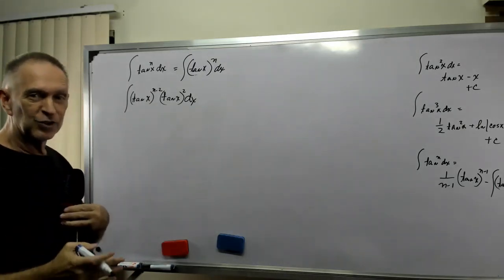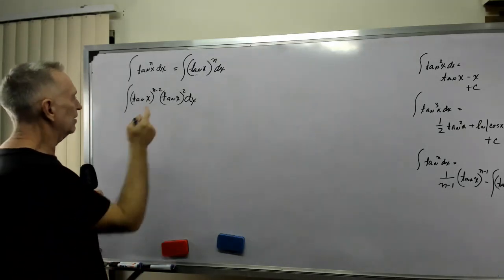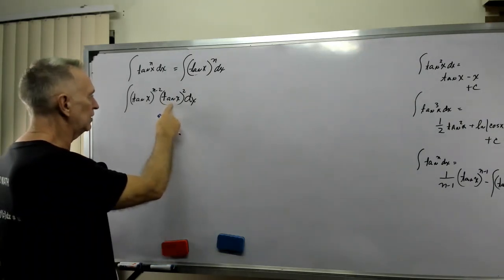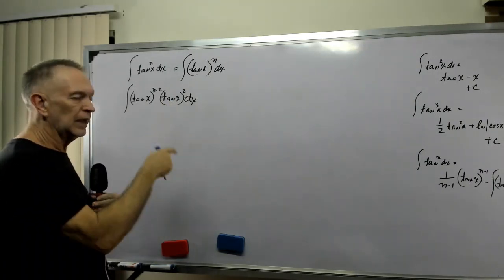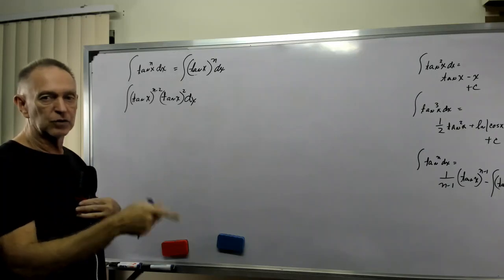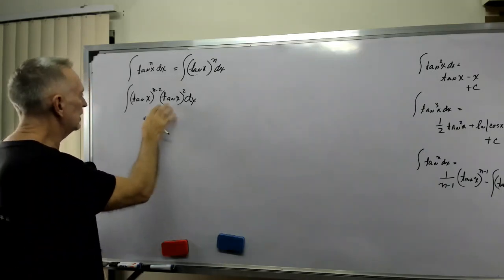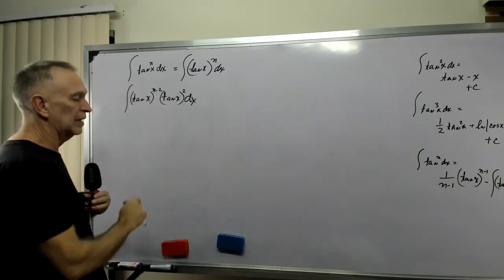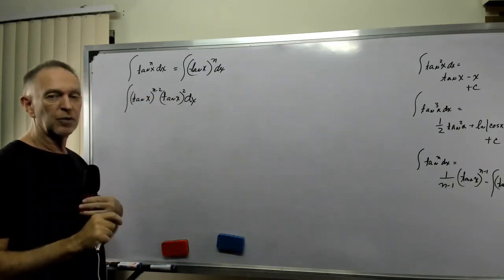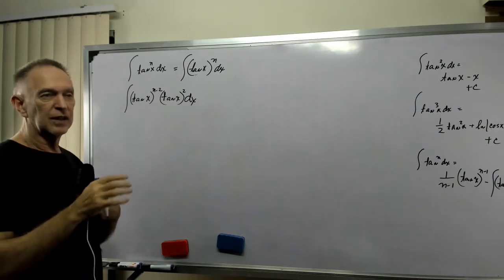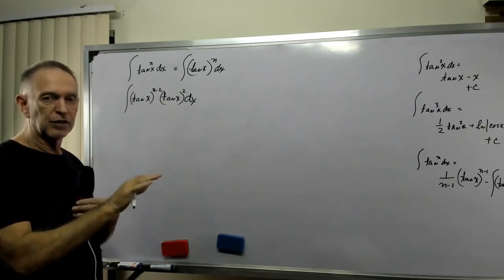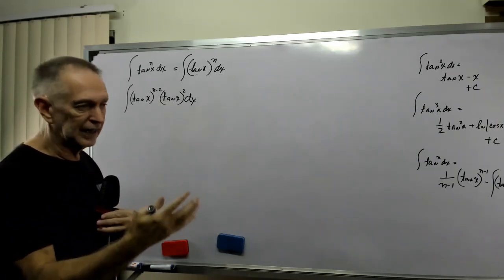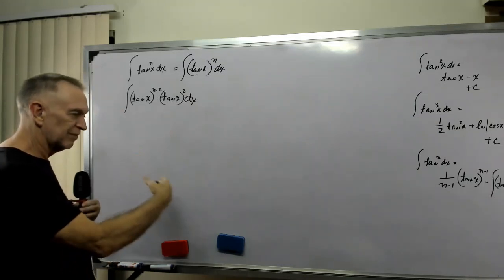But the value in doing that is I can now take the identity that tangent squared x equals secant squared x minus 1, and distribute it on the tangent x to the n minus 2 and end up with an integral of a function that has its derivative in there, and it just flows really well.